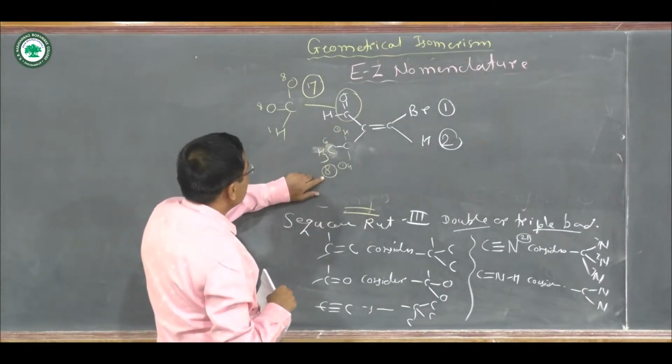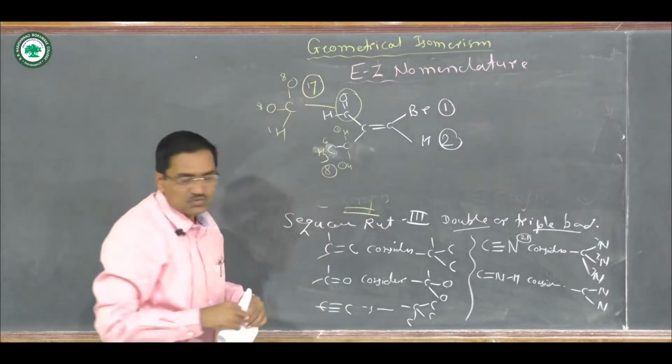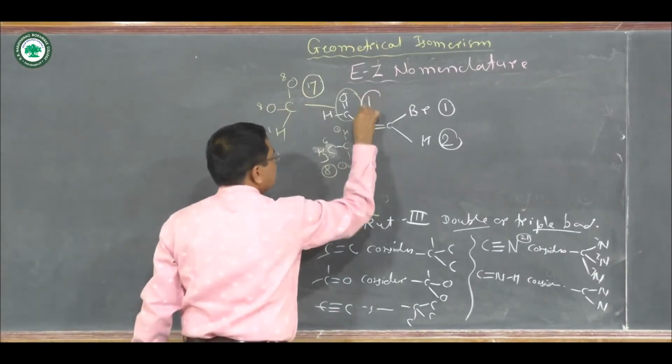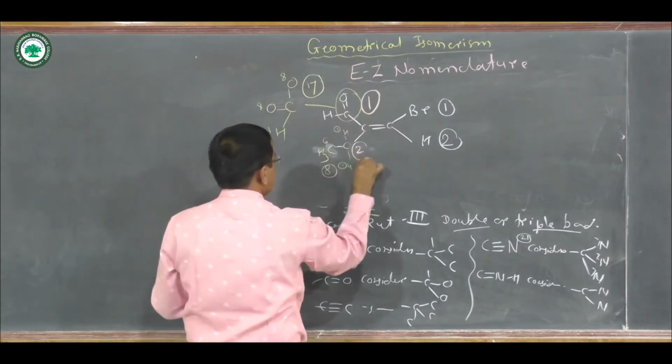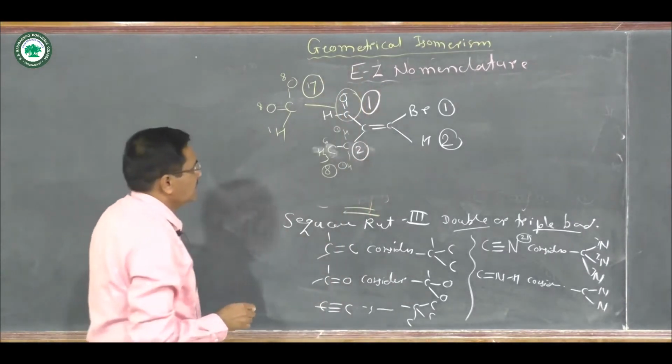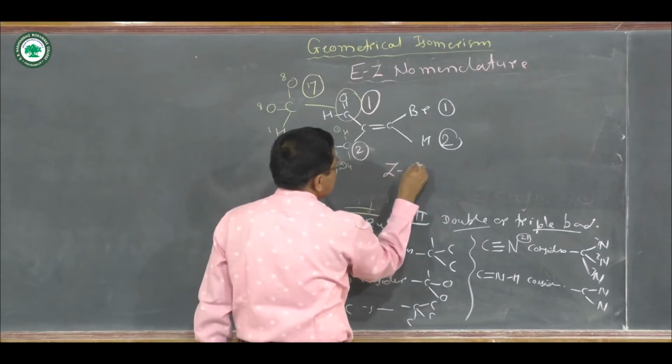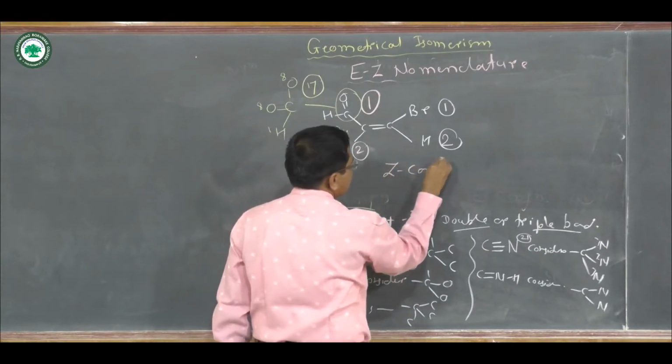So here 8 and here 17, and 17 is greater, so this has the first priority and this has the second priority, and on the basis of this it is the Z configuration.